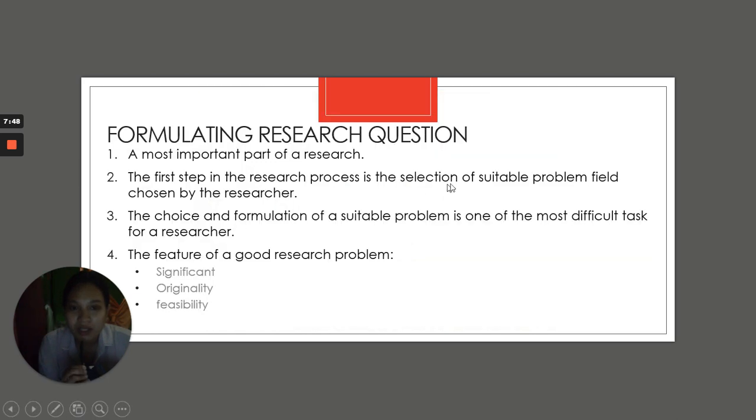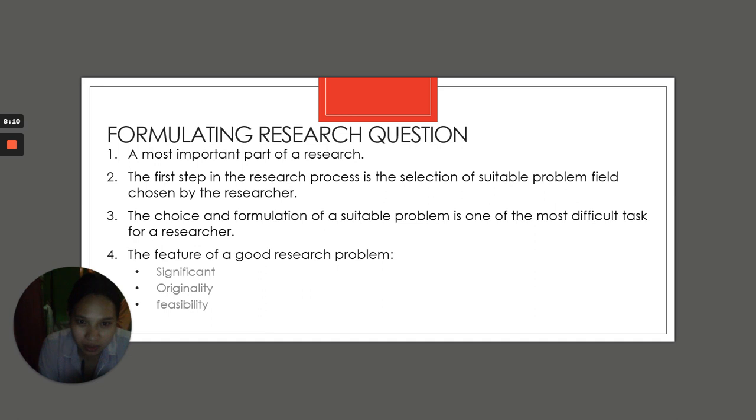So, formulating a research question is the most important part of the research. The first step in the research process is selecting a suitable problem field chosen by the researcher. The choice and formulation of a suitable problem is one of the most difficult tasks for a researcher.